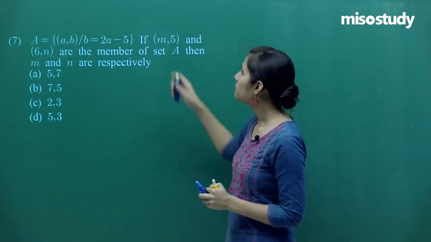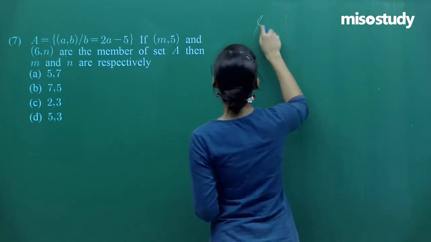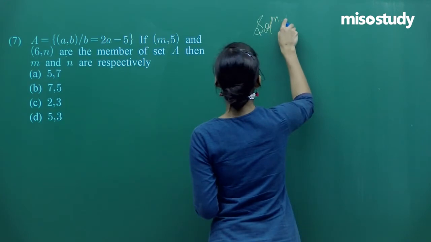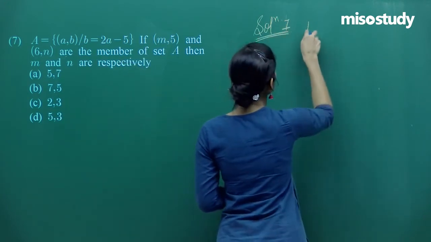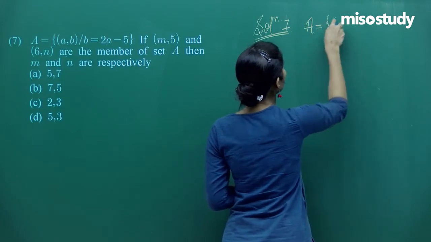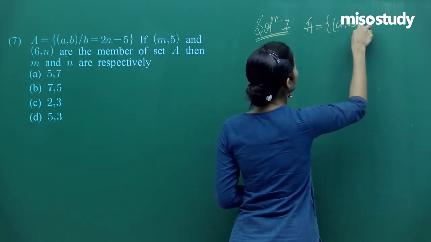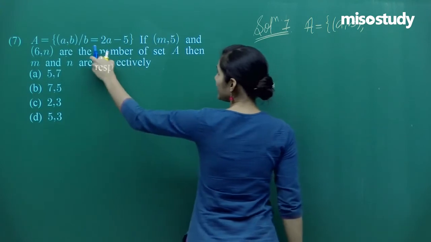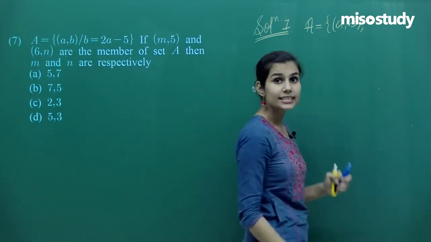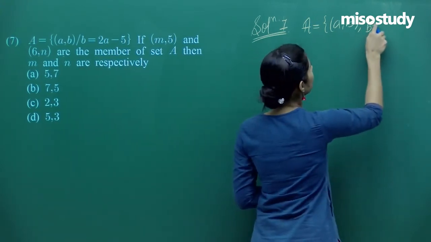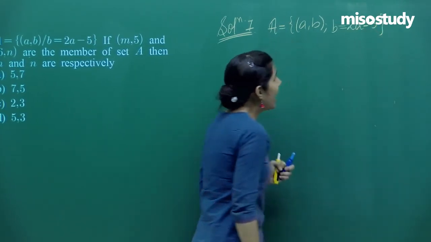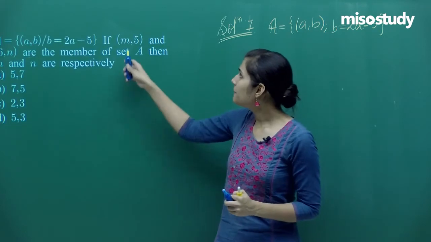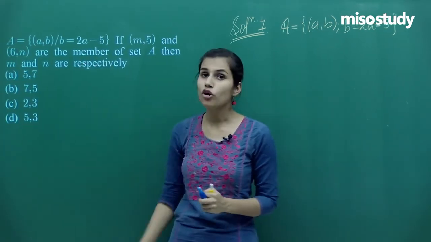So, I am given my set A to be (a, b) such that my b is equal to 2a minus 5. I am also given that (m, 5) is a member of this set.